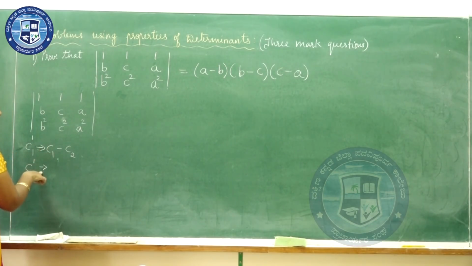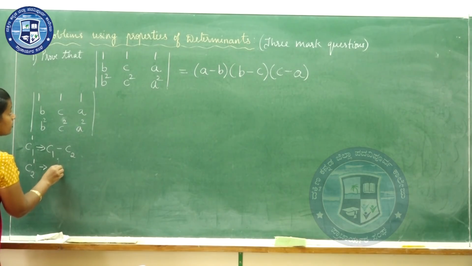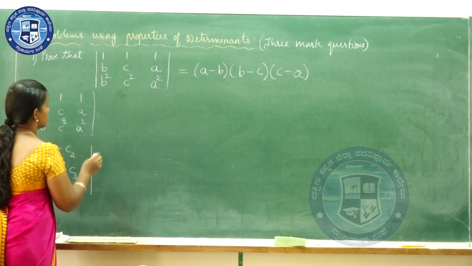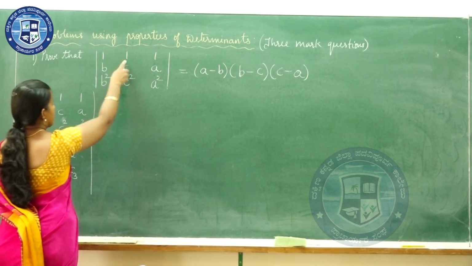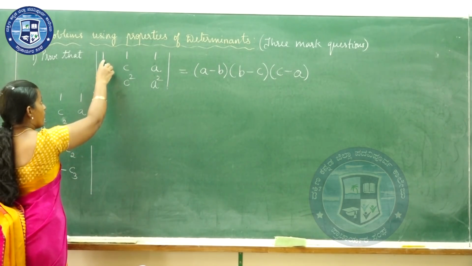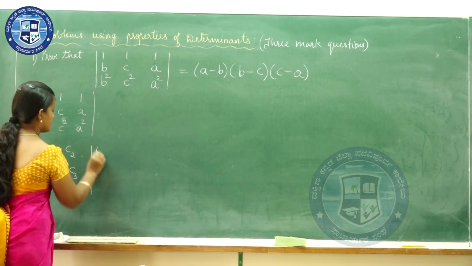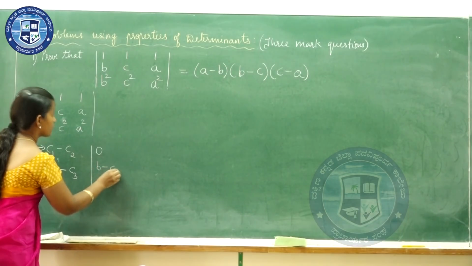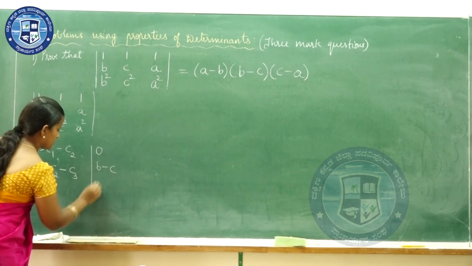You need to put arrows like this. Okay. So what do we get? Column 1 minus column 2. So 1 minus 1 is 0. B minus C. B square minus C square.